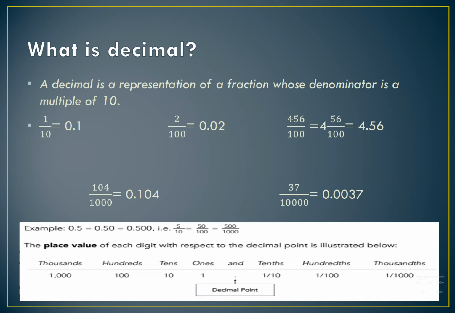We have the decimal point at the middle, and from the decimal point going to the left is the whole number, and from the decimal point to the right is the fractional part or the fractional form.